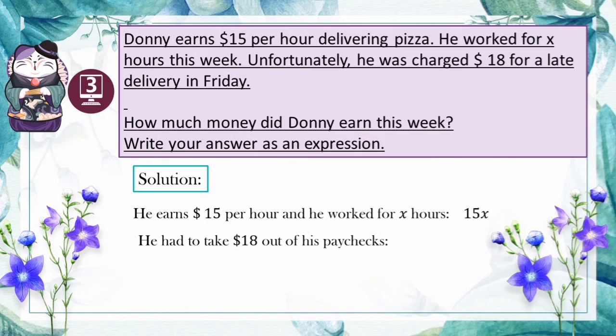So this is what he would have gotten paid based on his hourly wage and the number of hours he worked. But then he has that late fee that he has to pay. This expression is minus 18. So it is going to be 15 times x minus 18, and that is how much he actually earned this week.